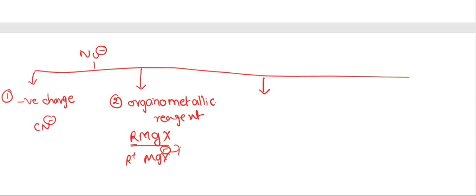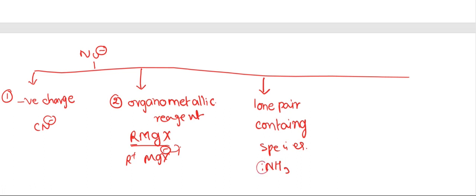And the third one is lone pair containing species. As I have given the example, ammonia is the best example. The lone pair is there. Or for example, the water molecule can also act. It has two lone pairs of electrons on the oxygen atom, so it can donate. So it is an electron dense molecule, so it is a nucleophile.